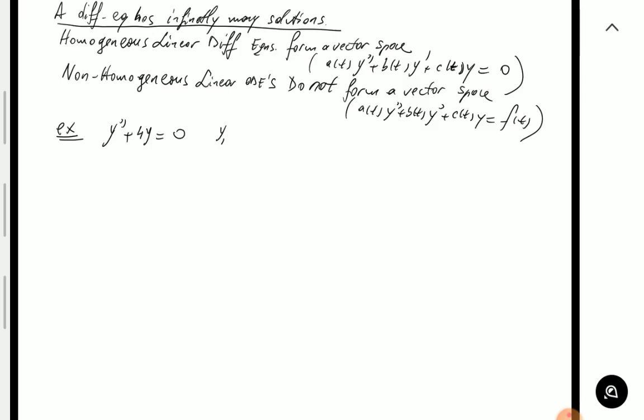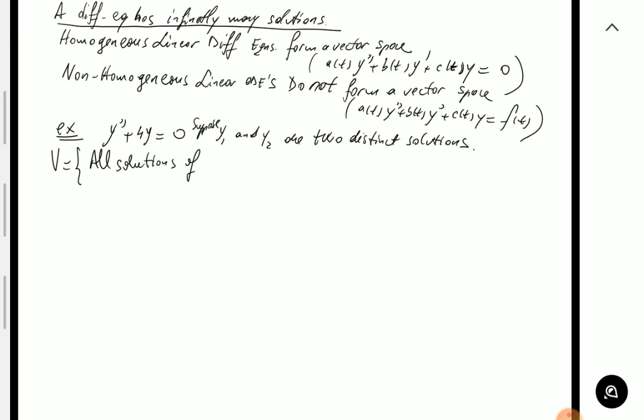Let me just illustrate it differently. So suppose y1 and y2 are two distinct or independent solutions, and as the candidate for the vector space V, we look at all solutions of this particular ordinary differential equation.